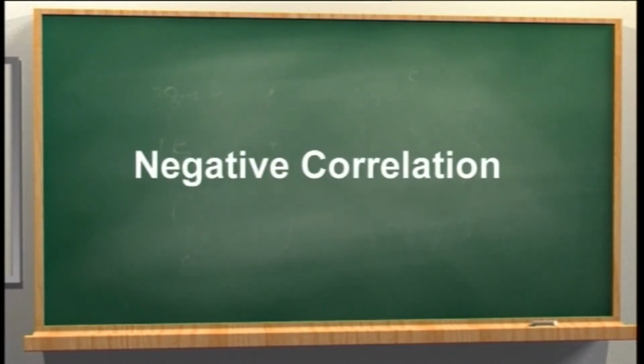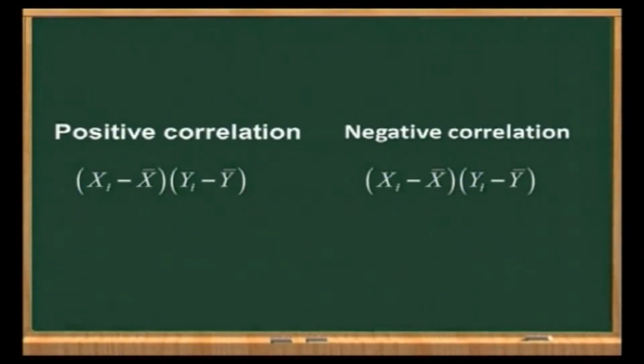Negative correlation. Suppose that an x value was above average and that the associated y value was instead below the average, then the product (xi minus x bar) times (yi minus y bar) would be the product of a positive and a negative number, which would make the product negative.